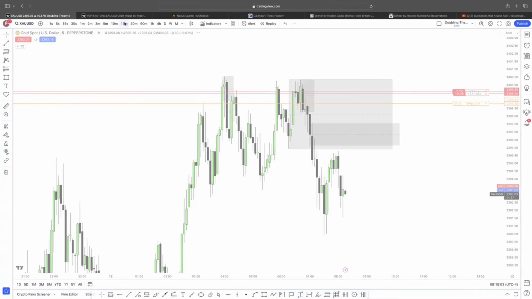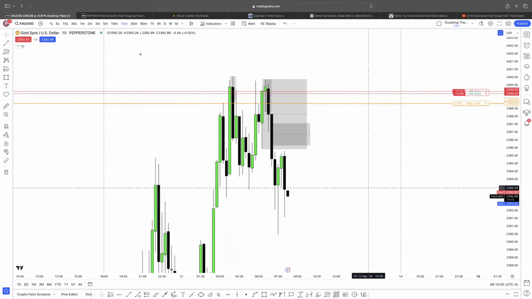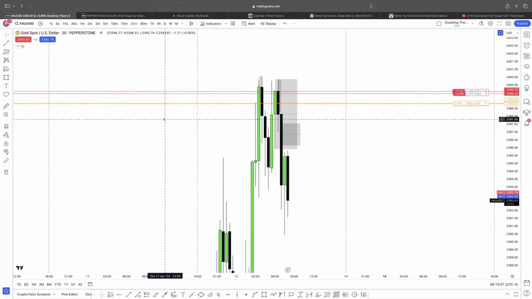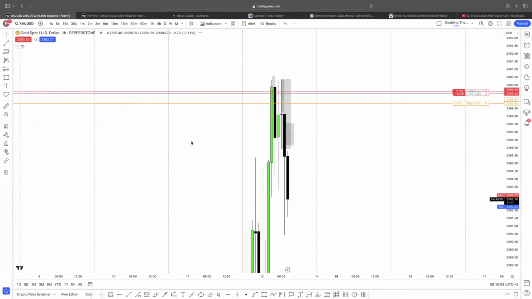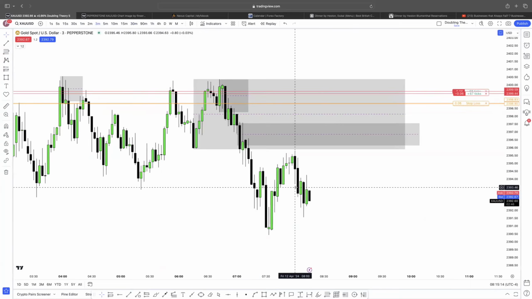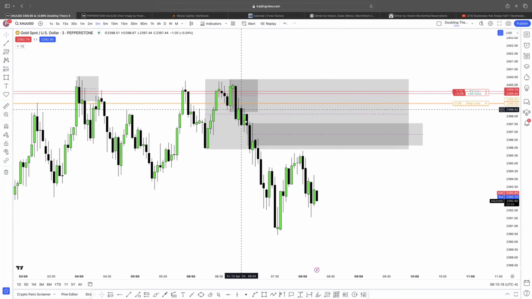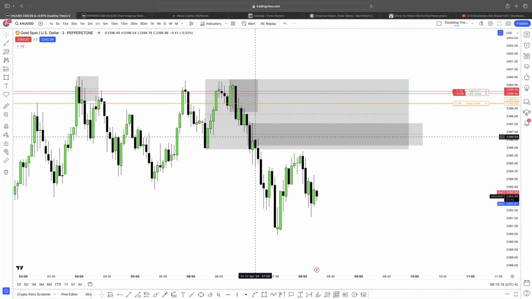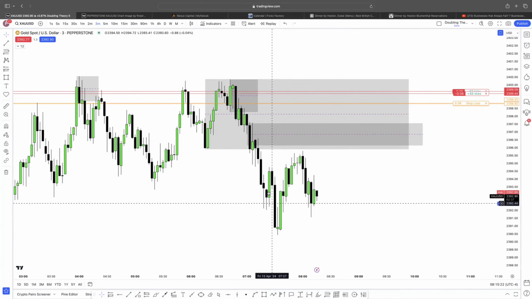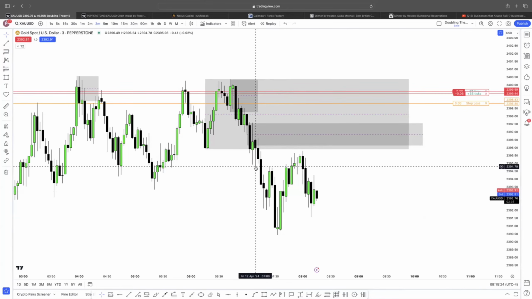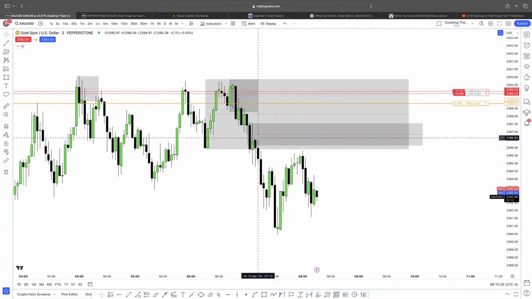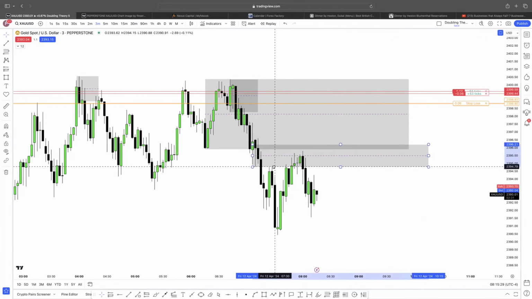Come to the 15, check for breaks, nothing. 30, check for breaks, nothing. 1 hour, check for breaks, nothing. 3 minute, check for breaks. What do we have? Well, we broke down, mitigated the 25% also, and then we're breaking down. Oh my goodness. So now we have this swing low that made what? This swing high. Take that.